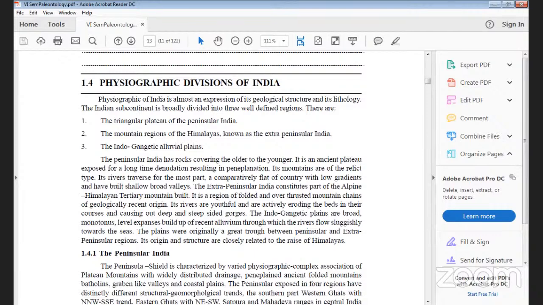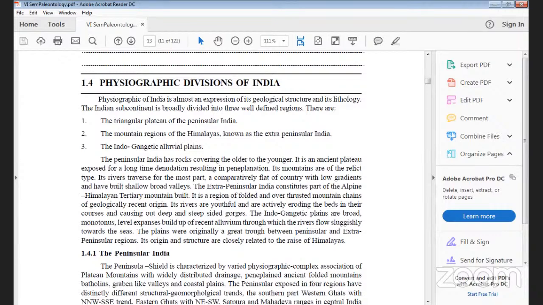And extra-peninsular India consists of part of the Alpine and Himalayan tertiary mountain belt, a region of folded and overthrust mountain chains. Its rivers are youthful, actively eroding their beds in their course and cutting deep, steep-sided gorges.